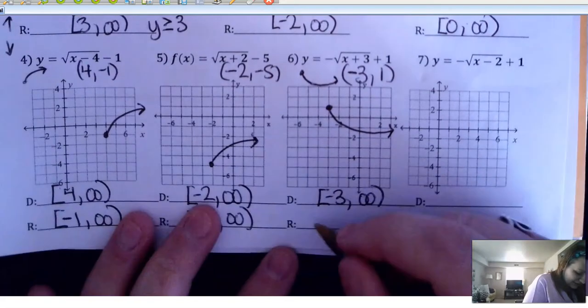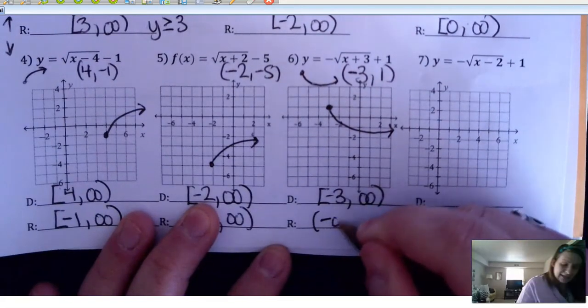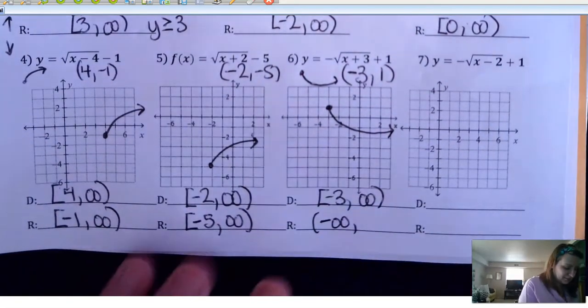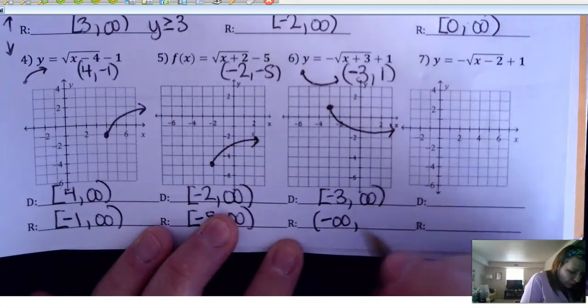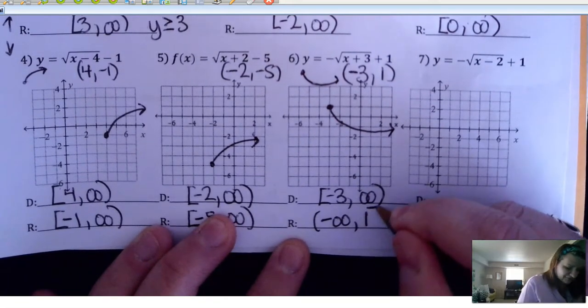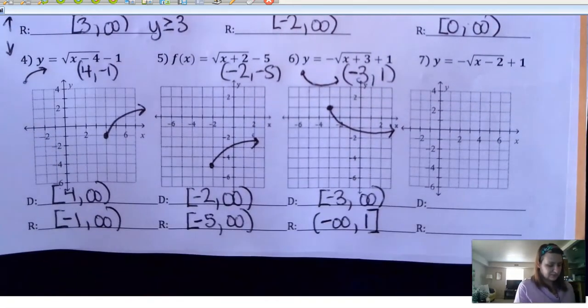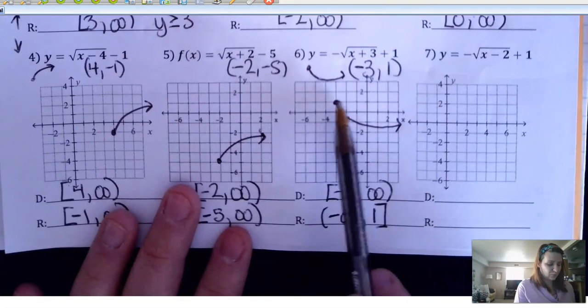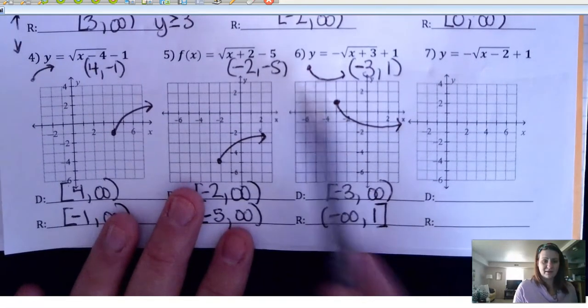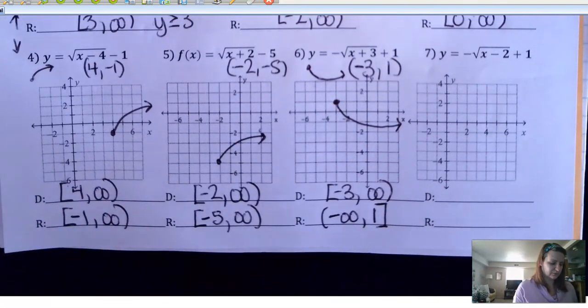So we're going to go down to negative infinity here, and this is going to be my stopping point. That y coordinate is where the graph stops. So this goes down forever. It stops at a y value of 1. There's nothing above that. So it's just a little different when you do the range.